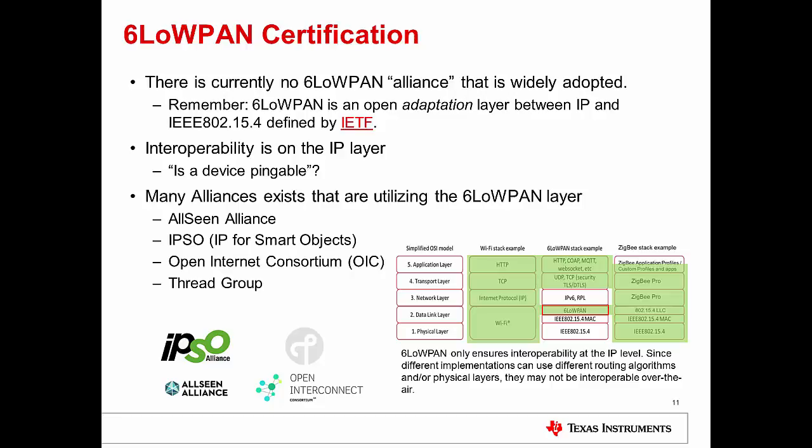In the 6LowPAN case, just because there is no alliance, there is no specific entity in the world which can be approached to provide a certification. Just because it's an open adaptation layer, anybody who sticks to it or wants to follow the specification is free to do it.